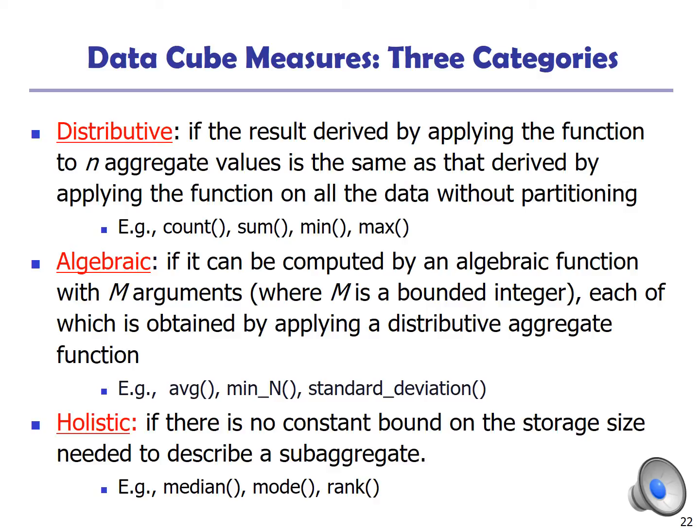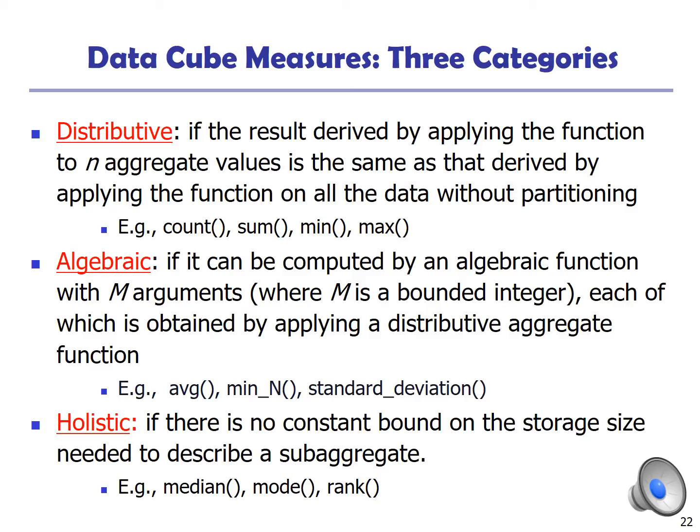If you find the sum of 10 values at a time, and you find 10 such sums, you can find a sum using all these 10 sums to get the sum of all 100 values. If you can distribute it in such a way, then it's called a distributive measure. Examples are count, sum, minimum, or finding a maximum of a given set of n values.